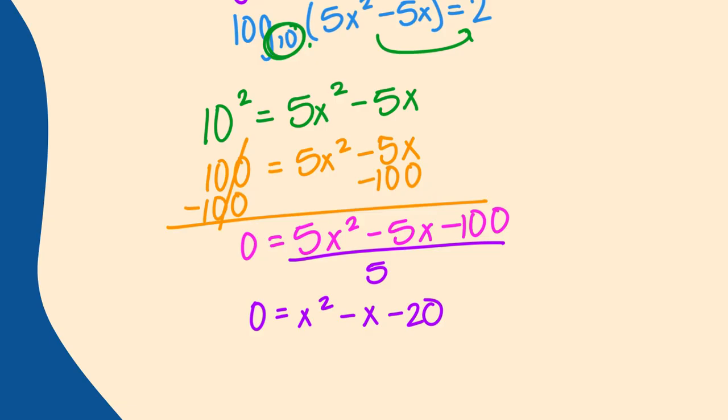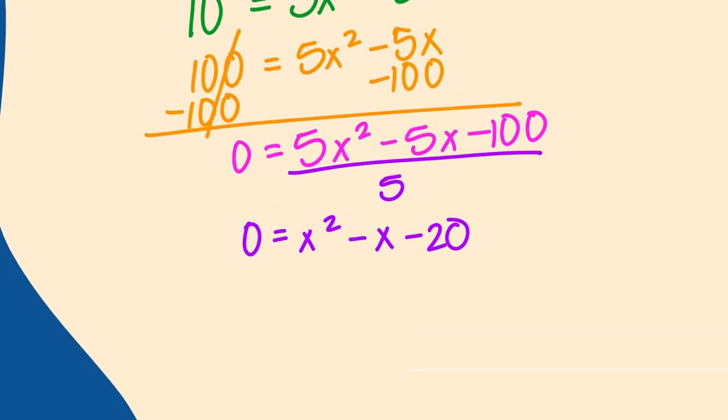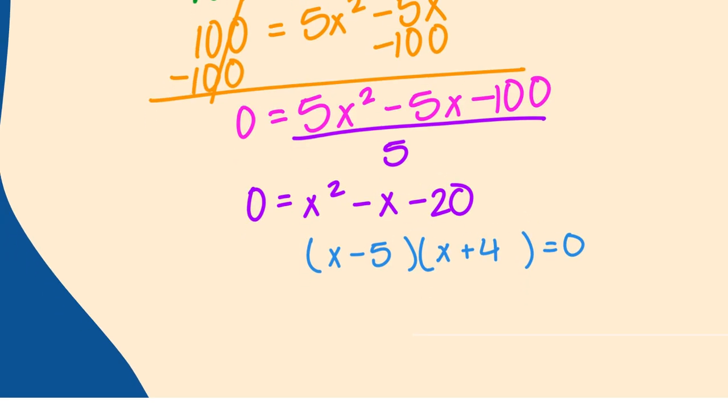So now it's easier for me to factor. What number multiplies to give me negative 20, and what number adds to give me negative 1? I'm going to have x minus 5, x plus 4, and solve for x. If you solve for x correctly, you should have x equals positive 5, x equals negative 4.